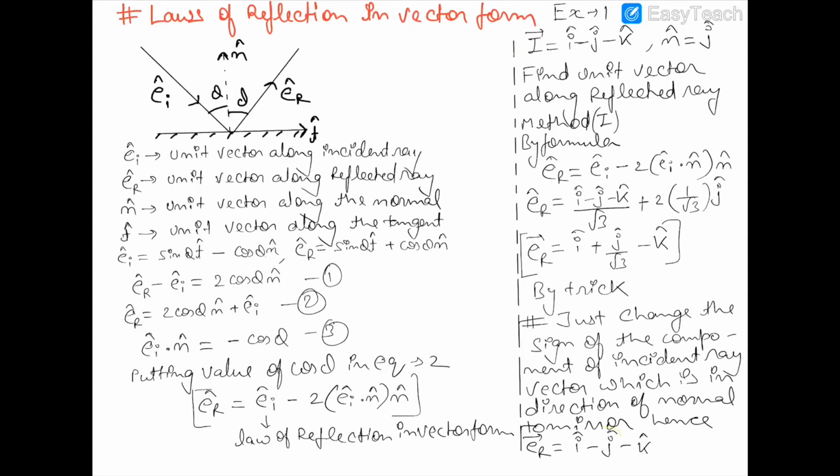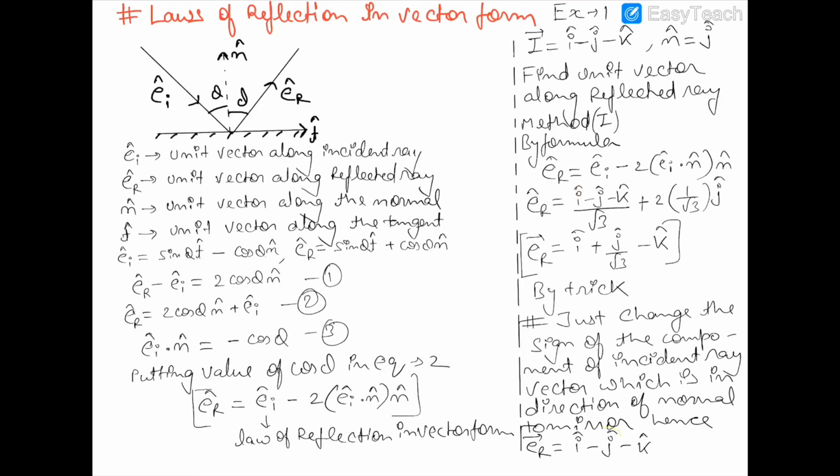So this is E vector, the incident ray vector. So I have to calculate the dot product of n cap with EI cap. EI cap will be obtained after dividing this vector by root 3. So here is the equation. You can calculate this equation by this formula.